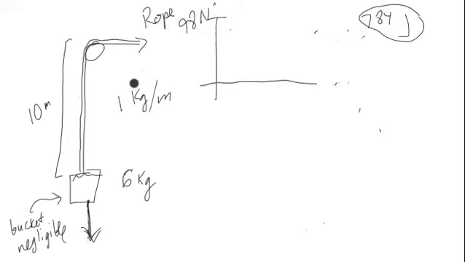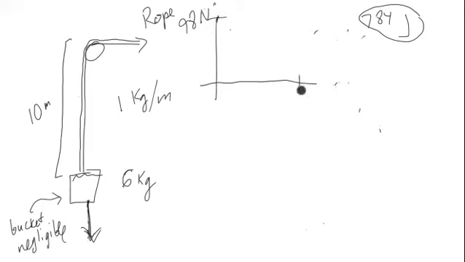Now notice that the mass is linear with respect to position. It's mass per meter. And so with respect to position, the mass is going to decrease linearly. Therefore, the force, which is just a constant multiple of that, will also decrease linearly.